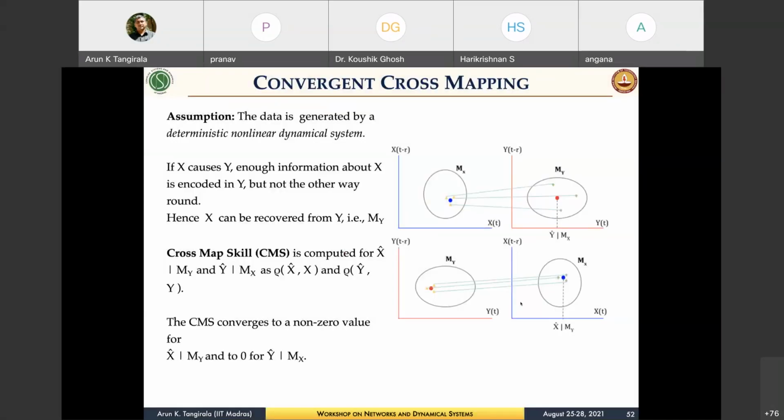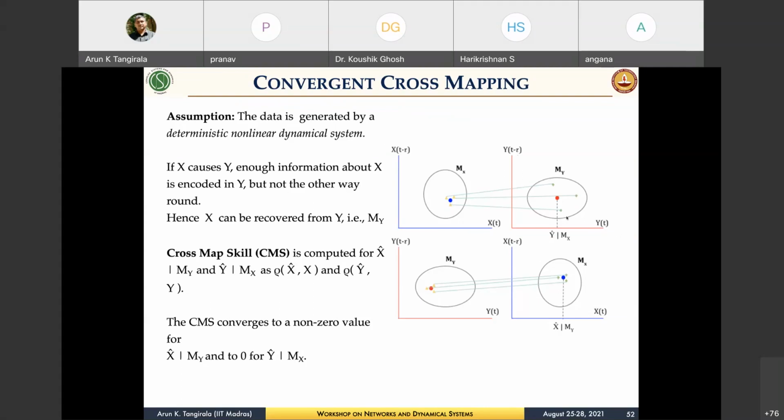Okay, so very quickly, let's converge to convergent cross mapping. The idea now is based on recovery. What Sugihara suggests is if X causes Y, then there should be enough information about X encoded in Y, but not the other way around. So how do you recover X from Y? You go to the manifold of Y. I'm just showing here, assuming the manifold dimension is 2.